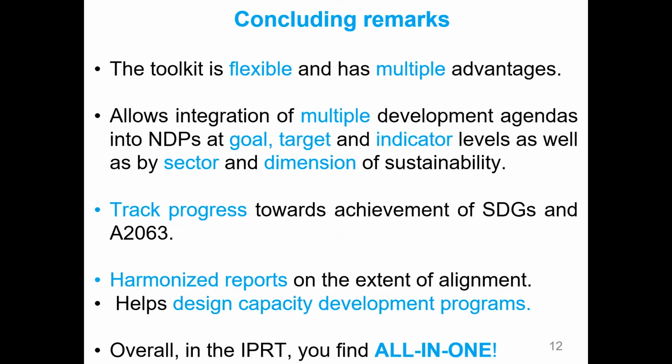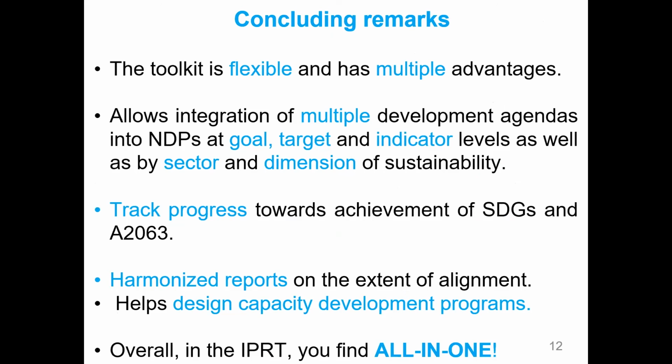In terms of conclusion, this ECS toolkit has really multiple advantages. It allows the integration of multiple development agendas into national development plans at goal, target, and indicator levels, and also by sector and by dimension. It also helps track progress towards the achievement of SDGs and Agenda 2063.